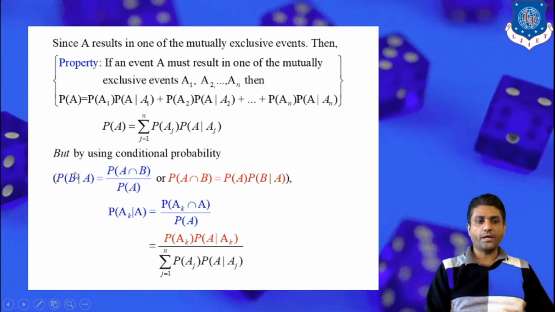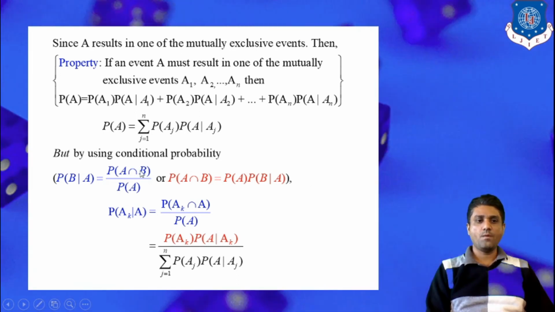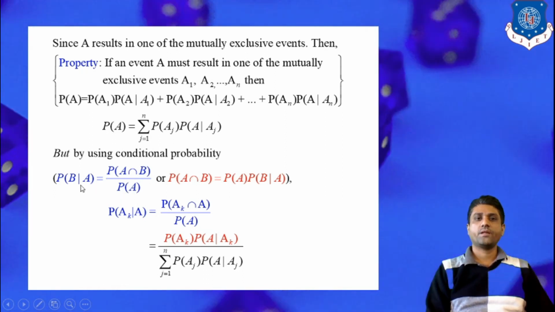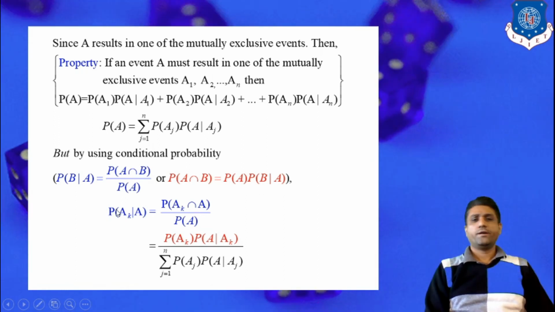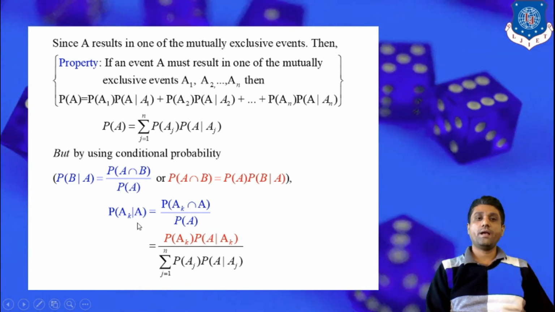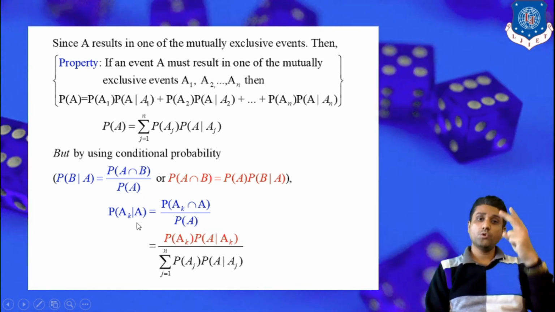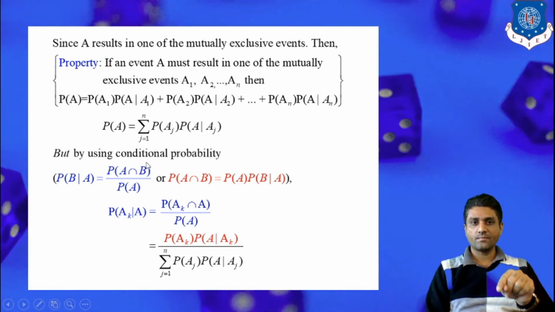In the multiplicative form, this conditional probability is rewritten as probability of A intersection B is probability of A into probability of B given A. So to derive the formulation of this probability of AK given A, we have to use two things: the first one is the conditional probability, the second one is this property.